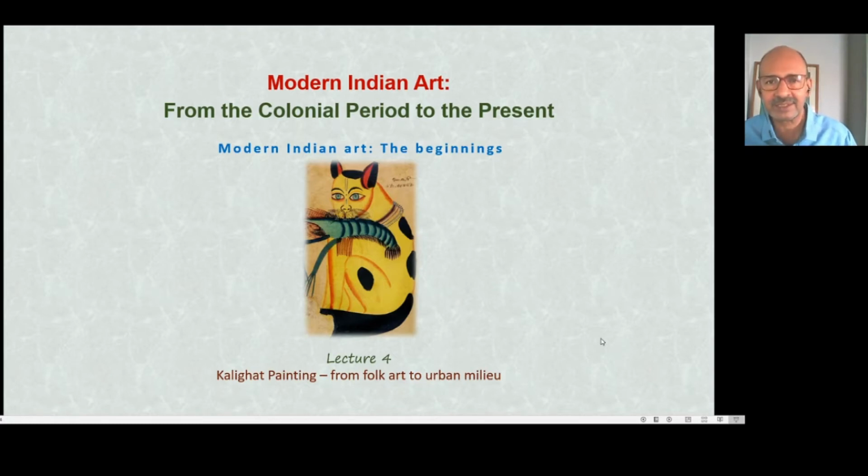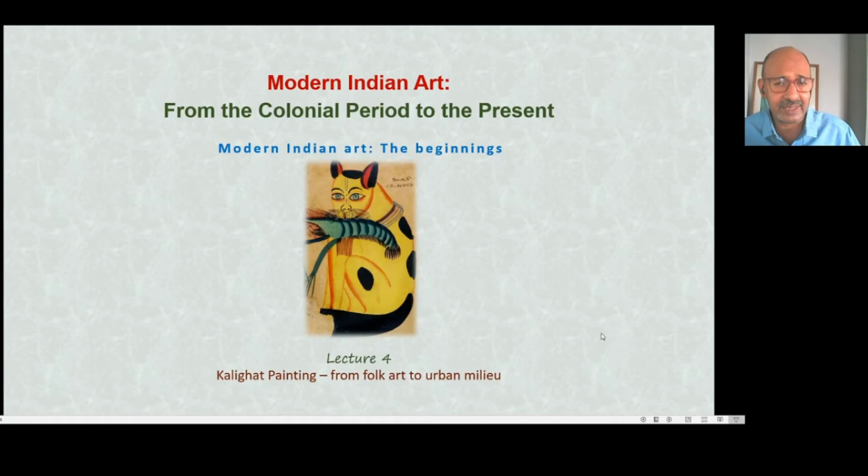And this is what makes Kalighat painting even more interesting and fascinating for us. So there is a story of migration, a story of stylistic shift, a story of transition.